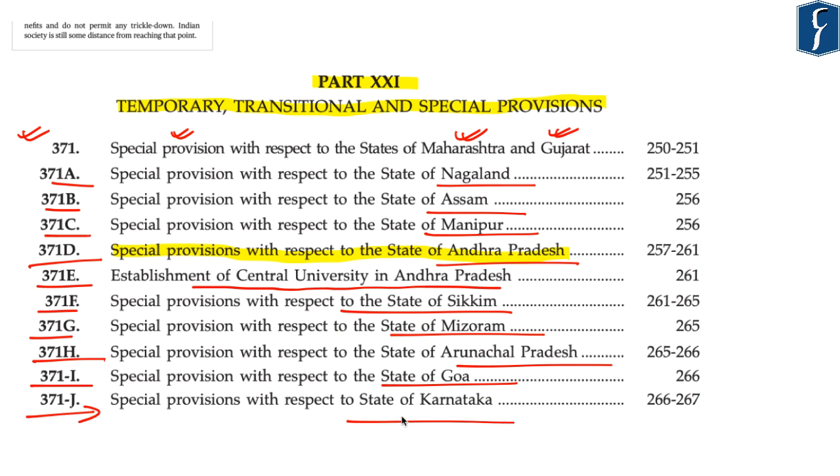So for these states, the Constitution provides for certain special provisions. In this regard, you must know about these special provisions under Article 371 to 371J of the Indian Constitution.